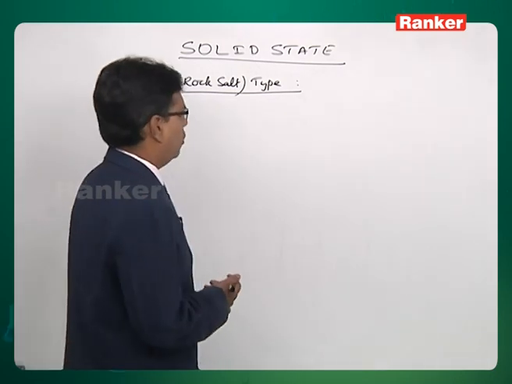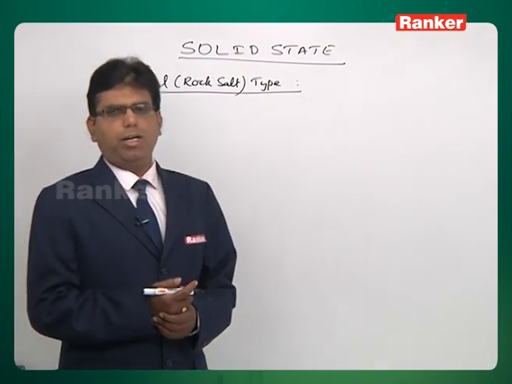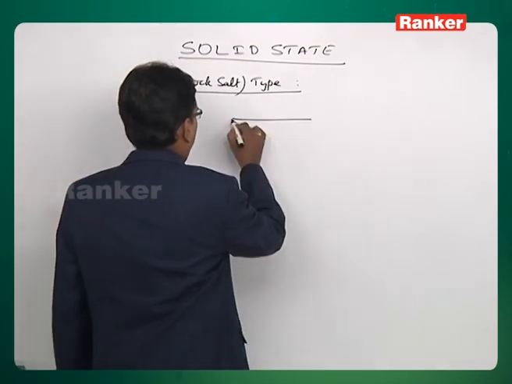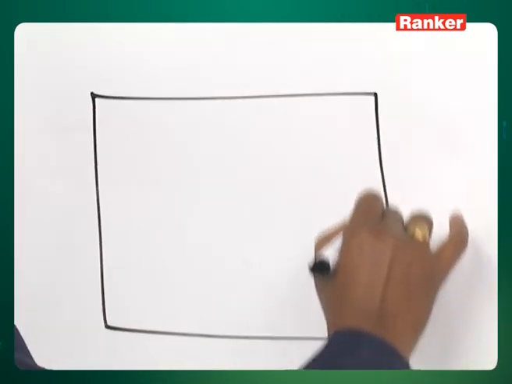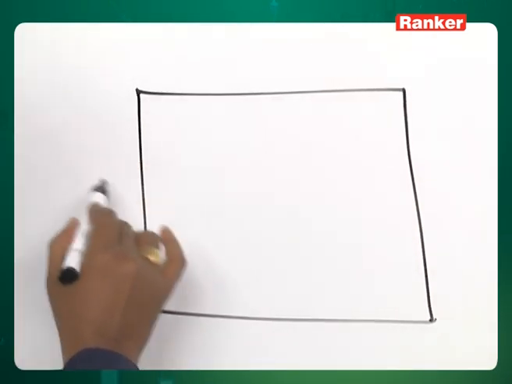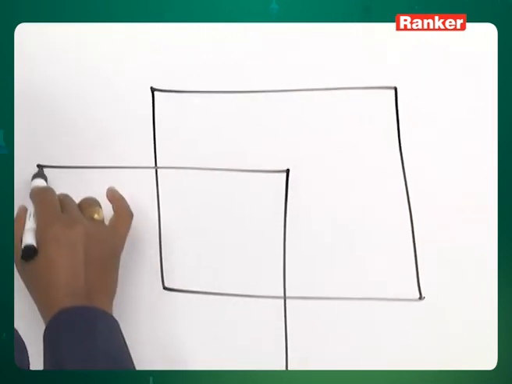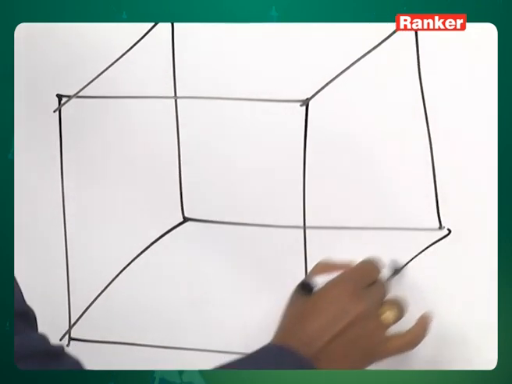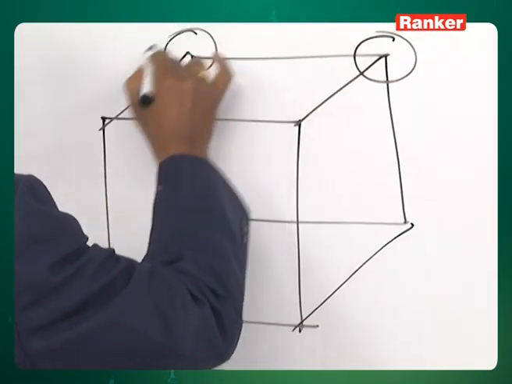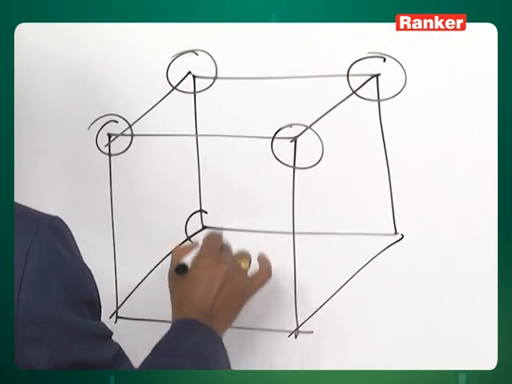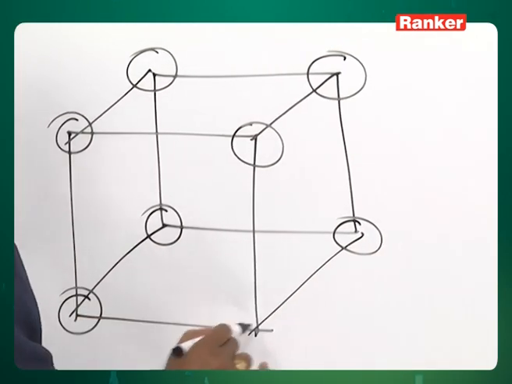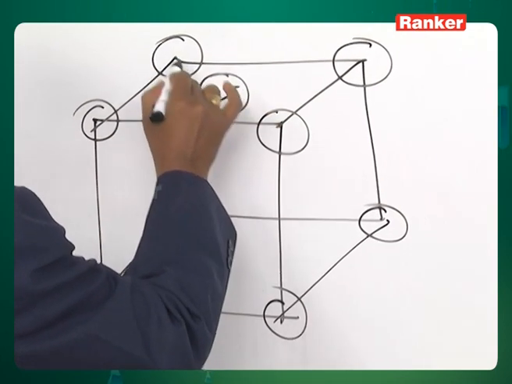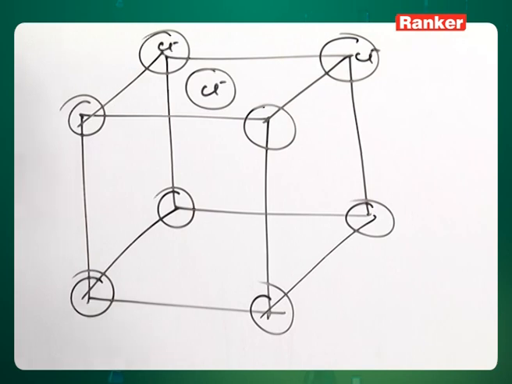Now, in this rock salt type, so as we told, there are 4 ion pairs per unit cell that exist. So, it is actually like, if you look at it, in a cube. The chloride ions are at the corners of the cube. These are all chloride ions, and here you have a chloride, this is also chloride ion, all these are chloride ions.